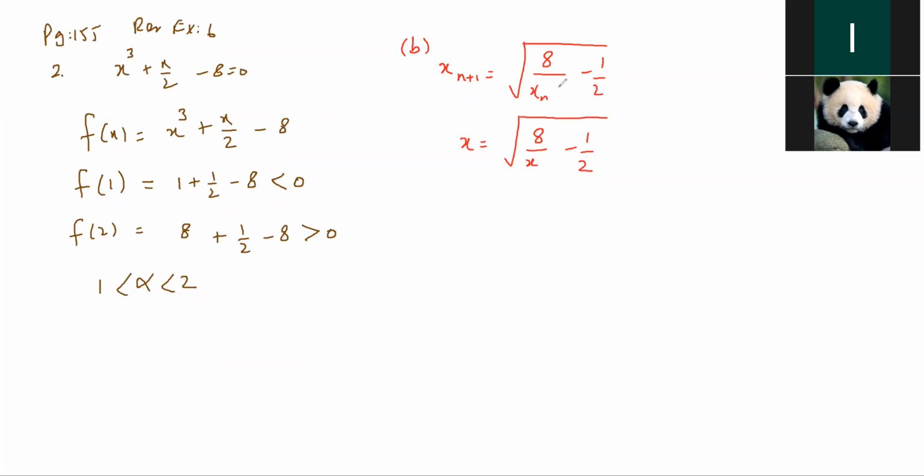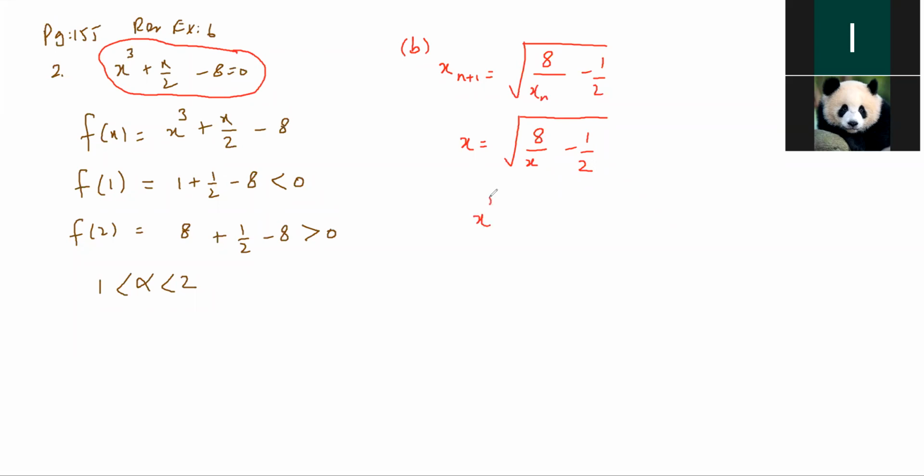Obviously, when you apply the iterative formula, you get a sequence of values. And when it converges, that is your root, the solution here, okay? So we have to show that by removing these subscripts, these two equations are same, okay?